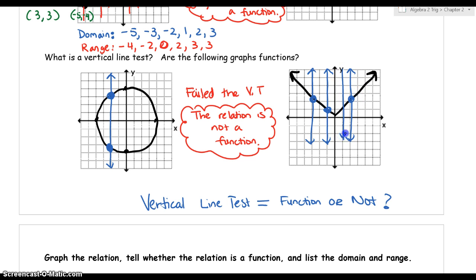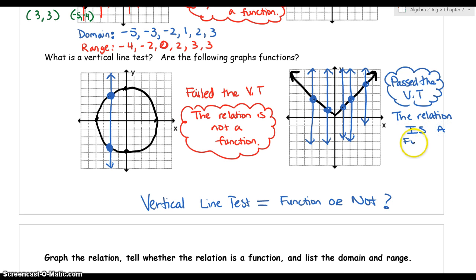What I'm noticing is I keep getting one line and one point, and I don't really see an area where it could be two. So we passed the vertical line test. Therefore, the relation is a function.